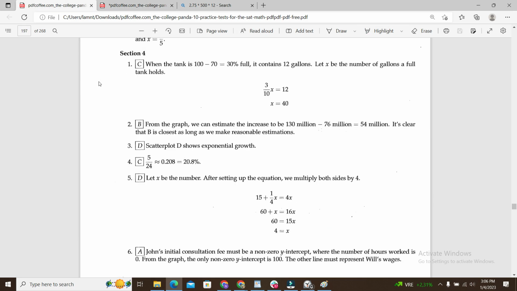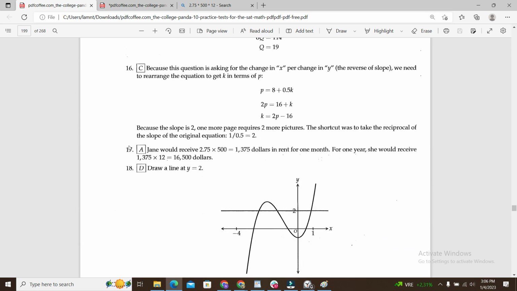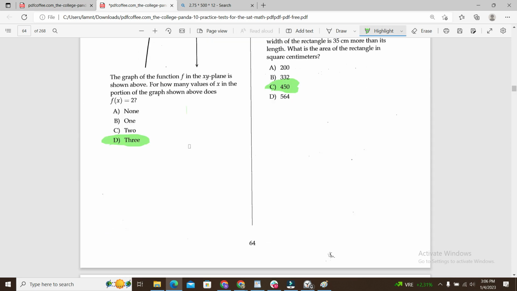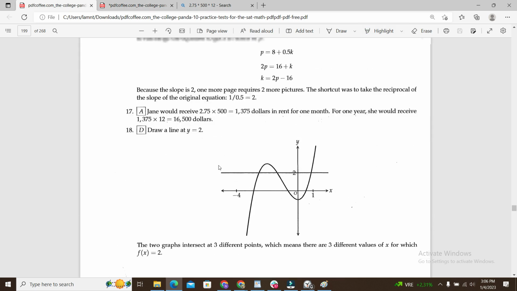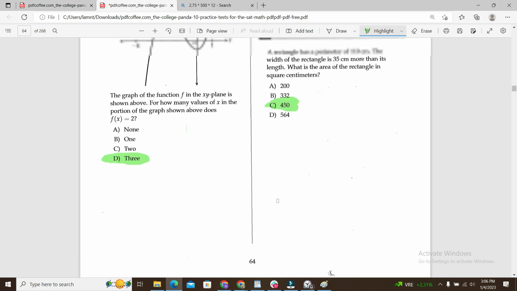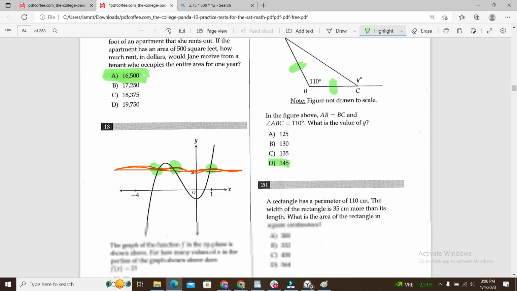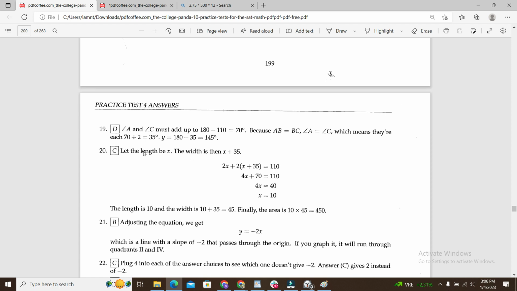So 17 is A, exactly, 16,500. 18 is D, 3 intersections. Alright. 19 is D. And 20 is C. Okay. So it's 450.